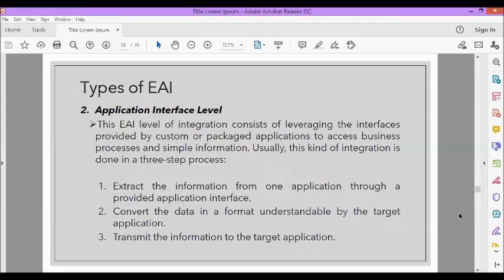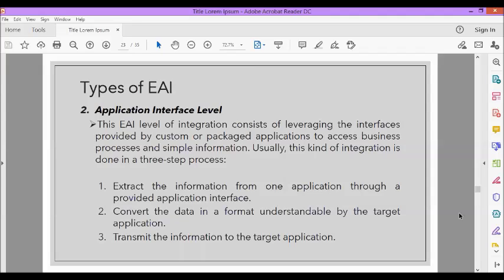The second one is application interface level. This EAI level of integration consists of leveraging the interfaces provided by custom or packaged applications to access business processes and simple information. Usually, this kind of integration is done in a three-step process.